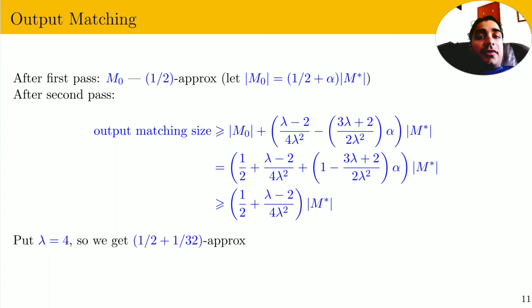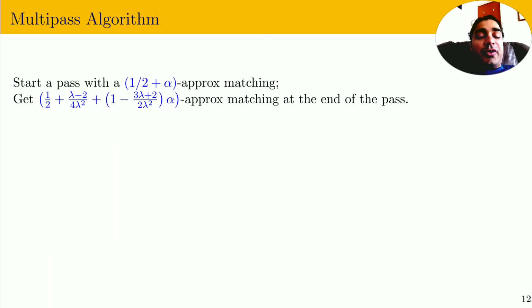Now we want to extend this to multipass. So we observed that if we start with a half plus alpha approximate matching, then we get a half plus these two terms approximate matching at the end of the next pass. So you can just repeat this process.